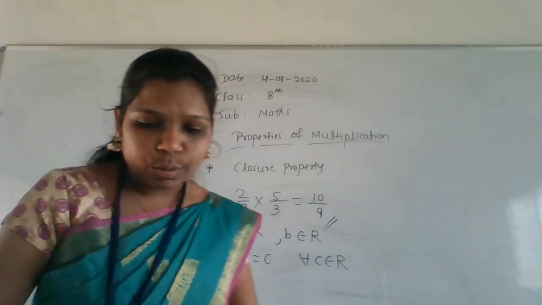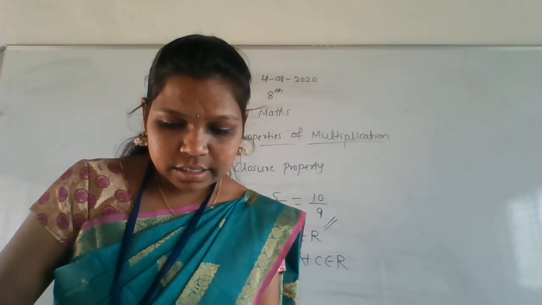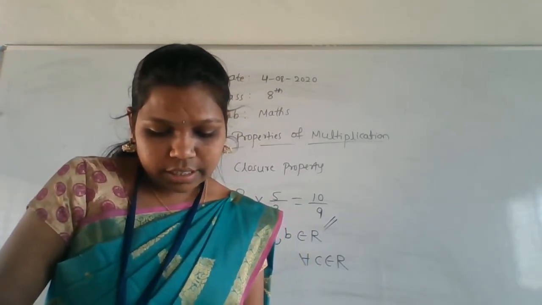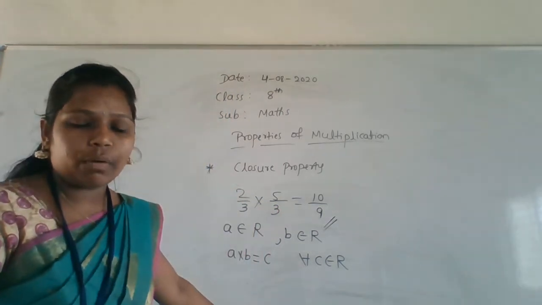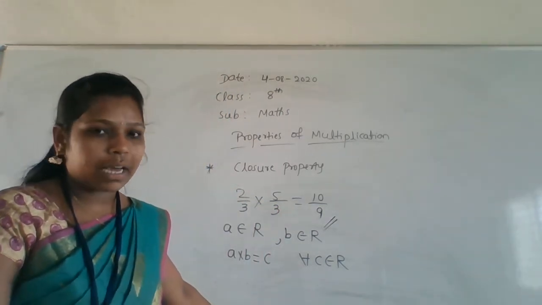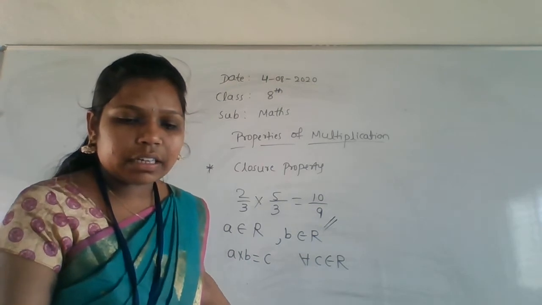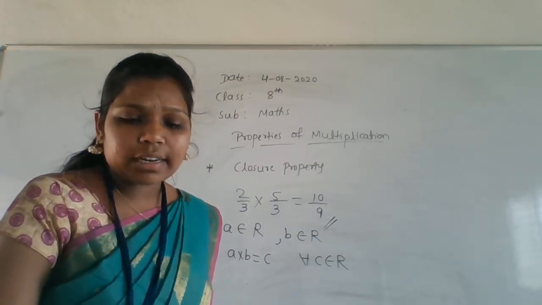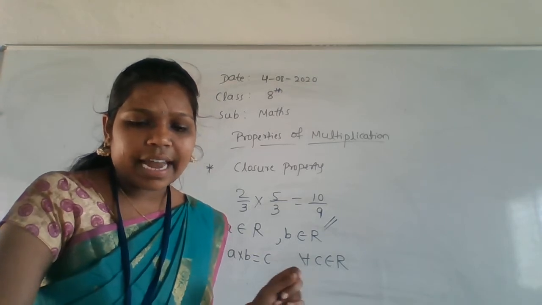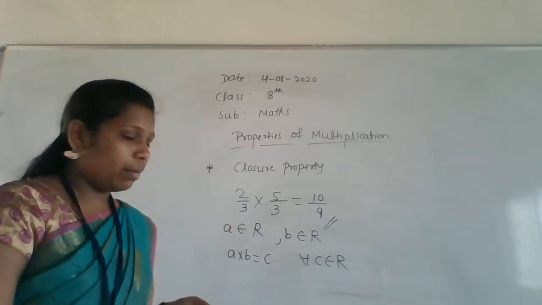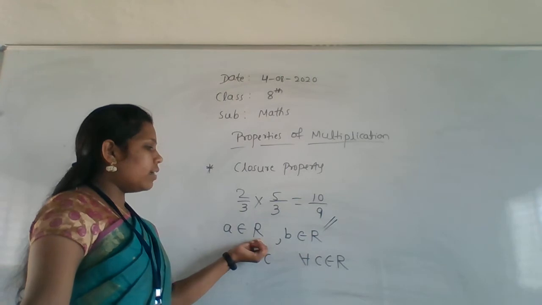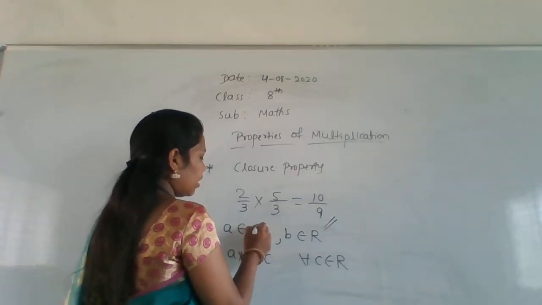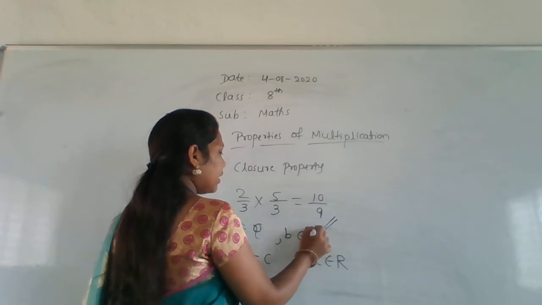I don't know whether they gave a general formula, but this is a general formula. Please remember this. They didn't mention it in your textbook. Only in the last sentence they said if A and B are two rational numbers. They said rational numbers here, but it is for real numbers also.